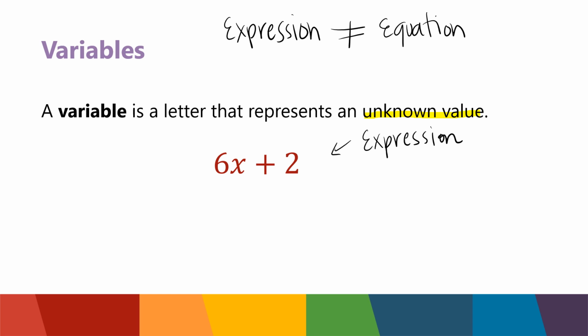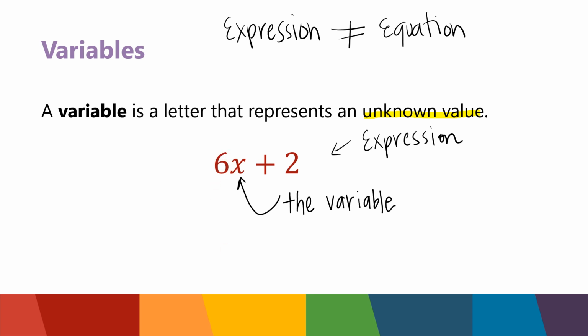Here, what is our variable in this expression, 6x plus 2? The variable is x. In this particular expression, 6 is called the coefficient of our variable.